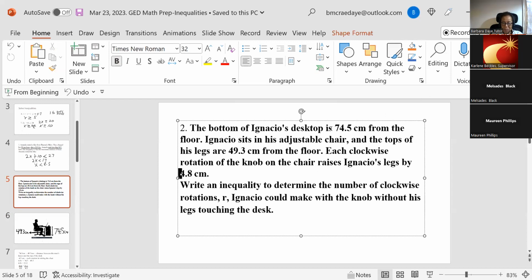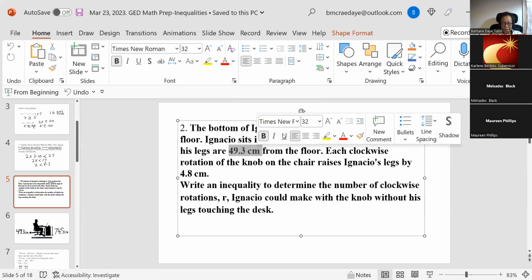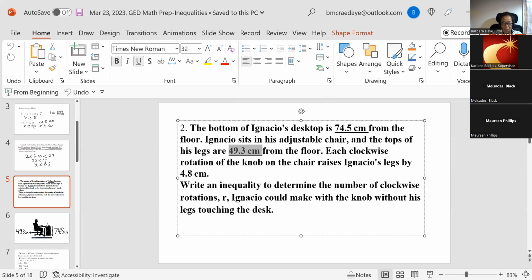So you said subtract. Let's take the 74.5 centimeters and subtract the 49.3 from it. Each rotation gives 4.8.